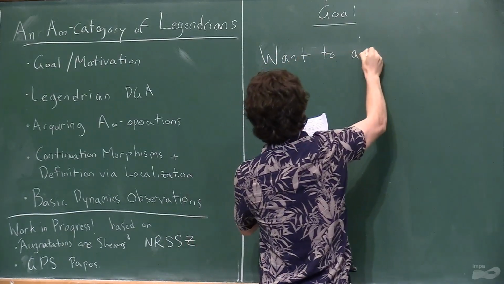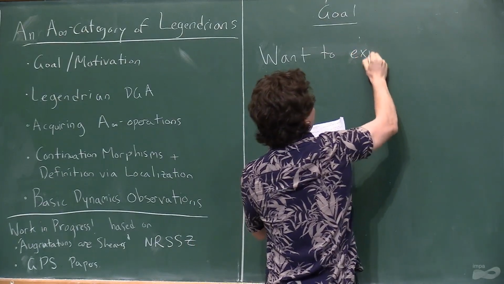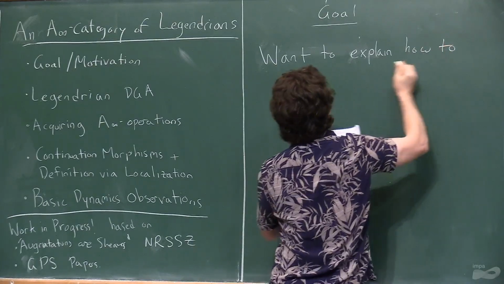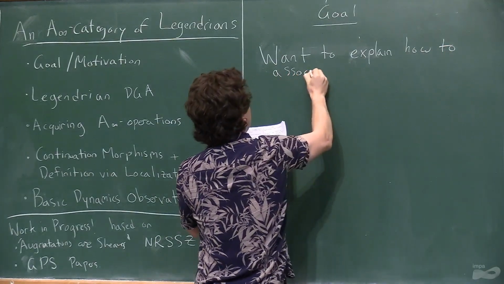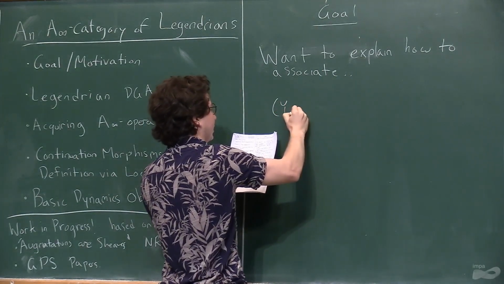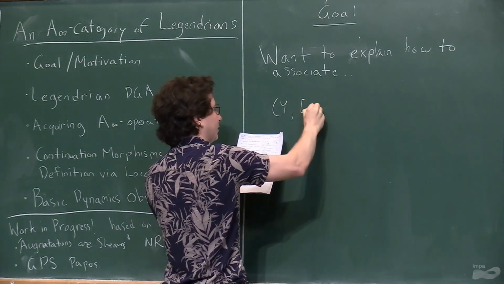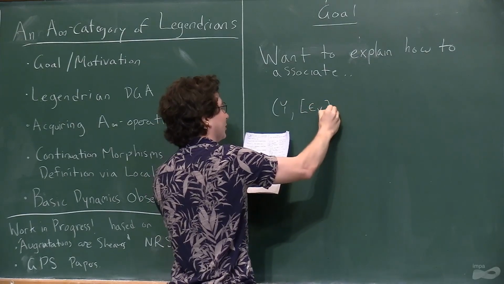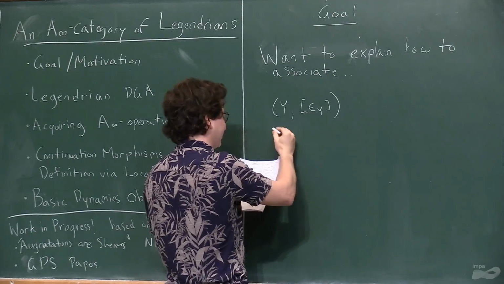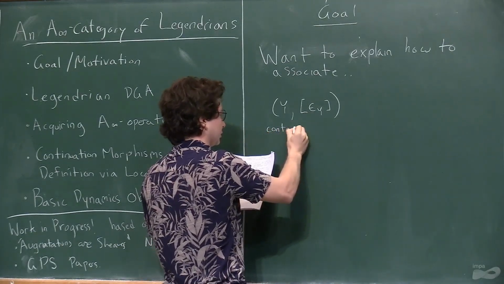Okay. So I want to explain how to associate, to a pair of a contact manifold and an augmentation on the contact manifold, which may be just an equivalence class of an augmentation, which is really the only thing that's well defined.